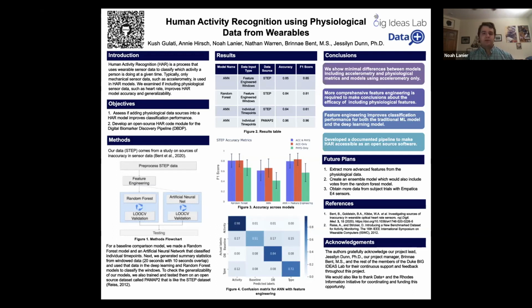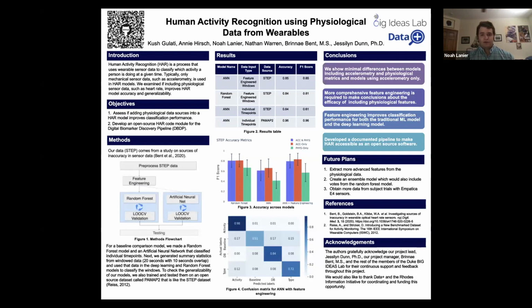Maybe the reason we're not seeing an increase in model metrics when we include physiological data is because the features that we were using don't capture what makes physiological data so helpful. By working to extract more advanced features, we might see an increase.